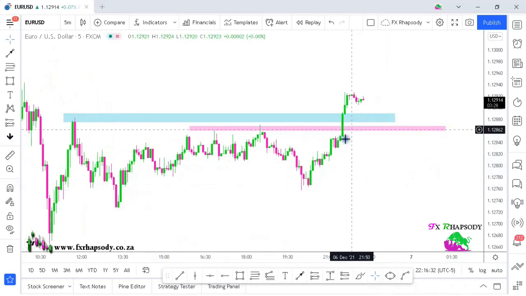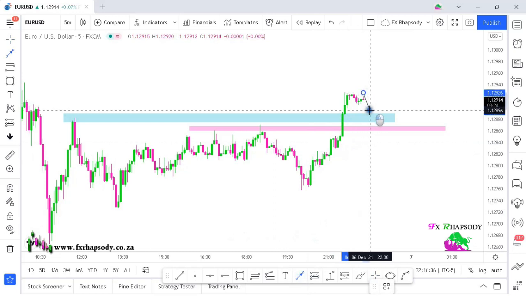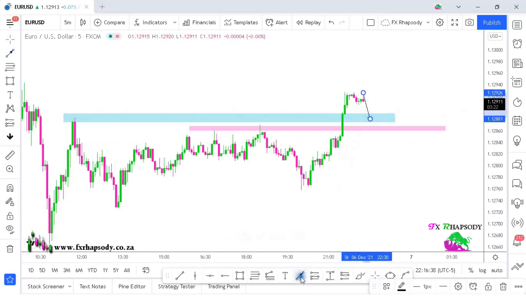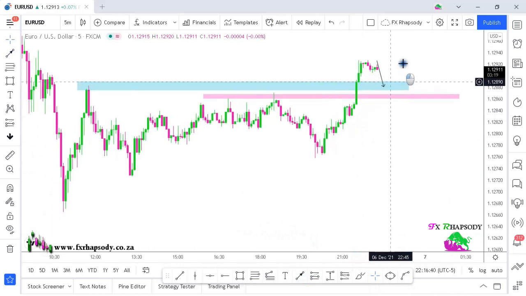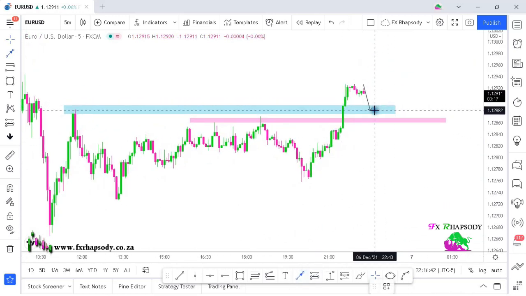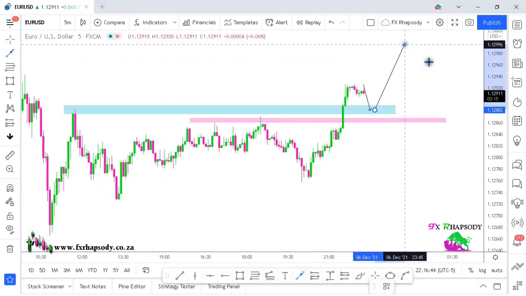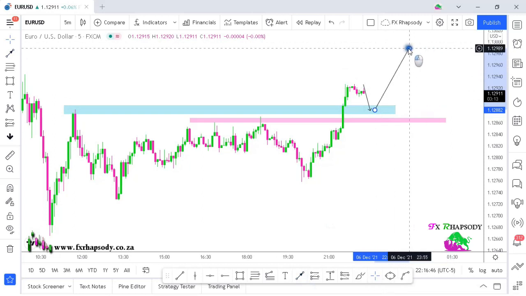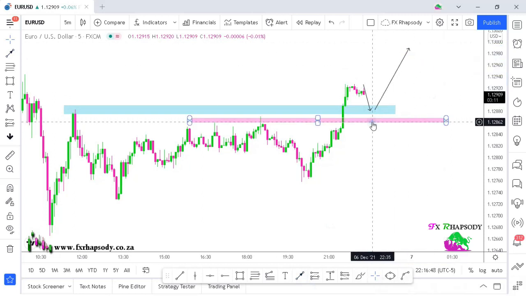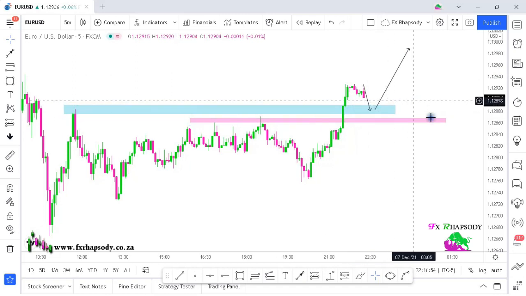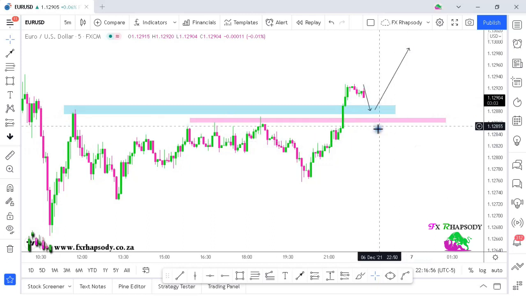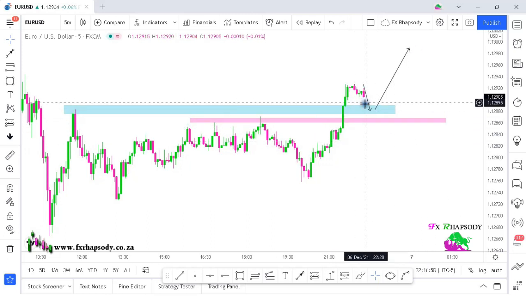Oh, structure is broken. Okay, now what's going to happen is price is now going to come and just bounce off that key area, and then it's going to move up to that side. So my stop loss is going to be safe just below this structure. No, guys, it is not going to be safe. Okay, might be safe right now. Let's see. Price is going down. I'm not going to let the video run all the way until we see what happens.